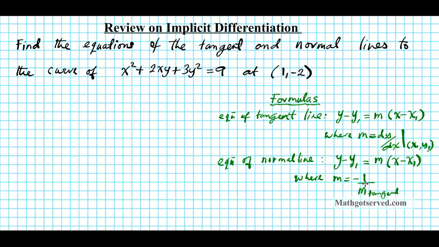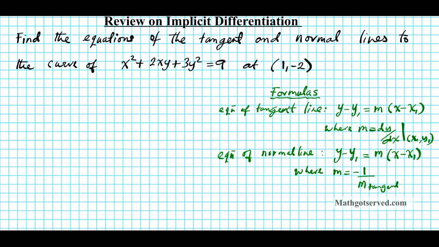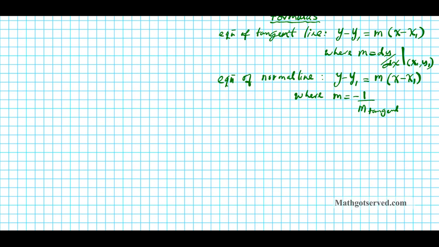Okay, so this basically tells you that to get the equation of the normal line, you take the slope of the tangent line and take the negative reciprocal, and then plug it into the point-slope equation. All right, so let's go ahead and apply those formulas to this problem.